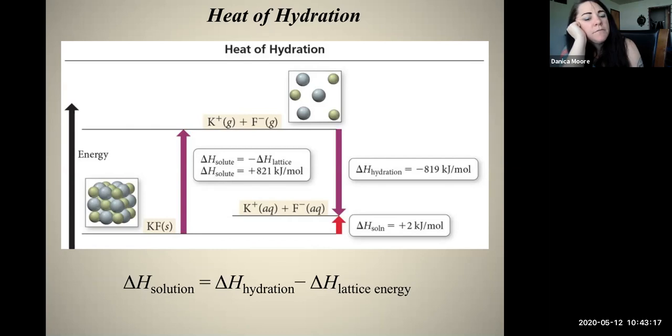So which is bigger, fluoride or chloride? Chloride is bigger, right? Bigger means lower energy. So the reason the lattice energy is bigger in this case is because fluoride is smaller than chloride, okay? Just something to think about in terms of solubility interactions.